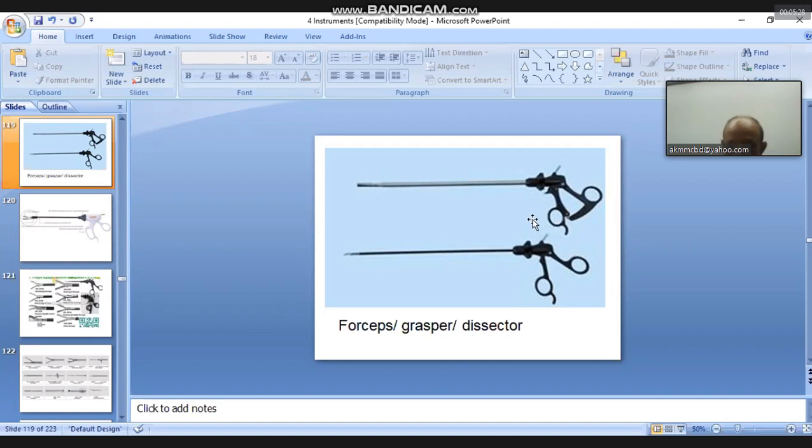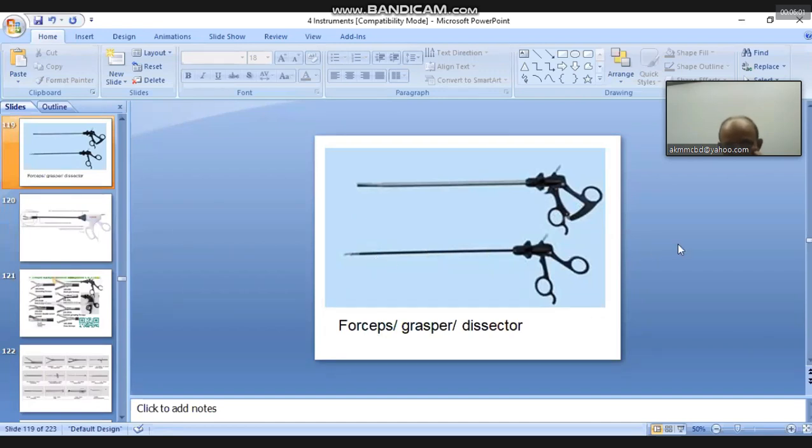This is the handle. Then there is a long shaft which is introduced within the body, and in the tip there are various functional instruments. Therefore, basically these are of three parts, and we can interchange. Suppose we have introduced this instrument, we can use this handle in case of this handle, or we can introduce this instrument through this shaft.